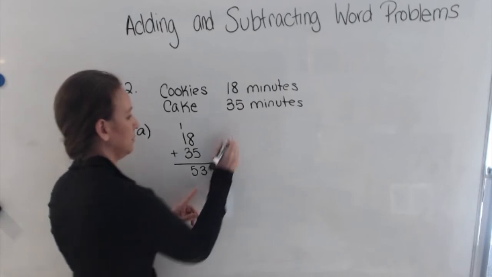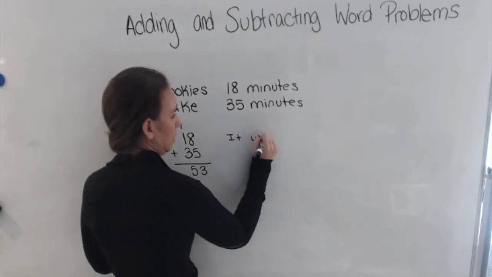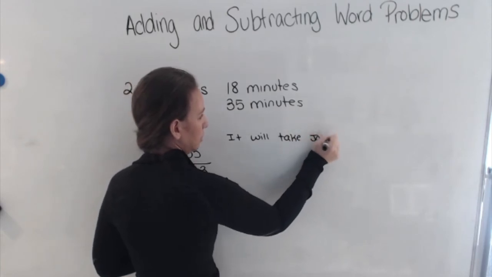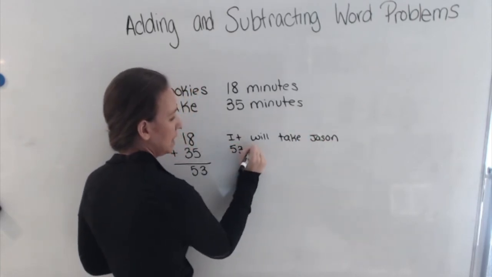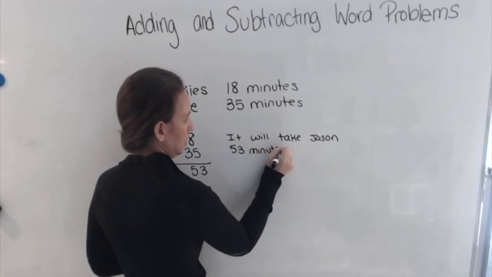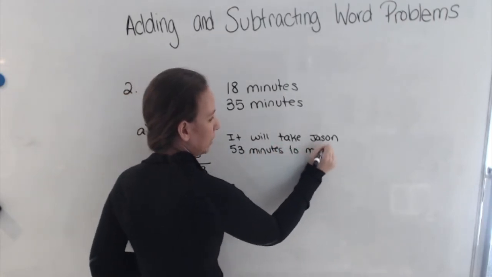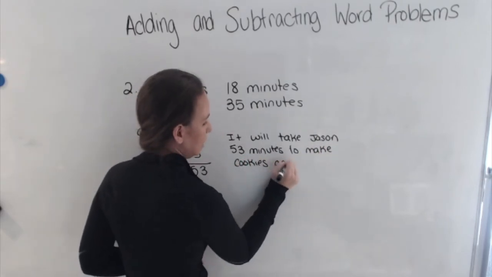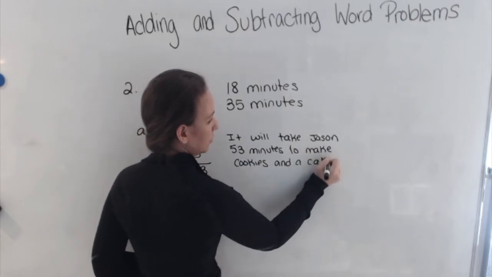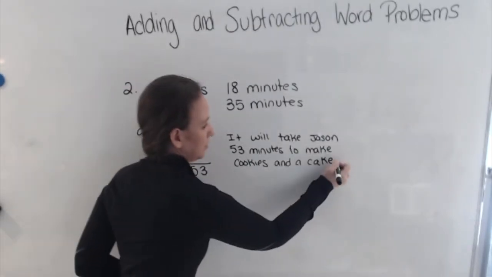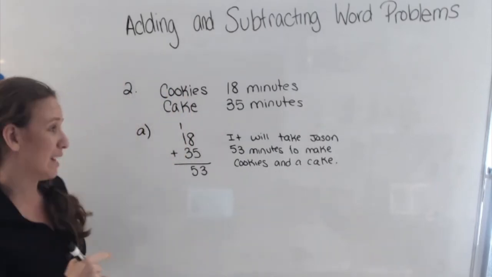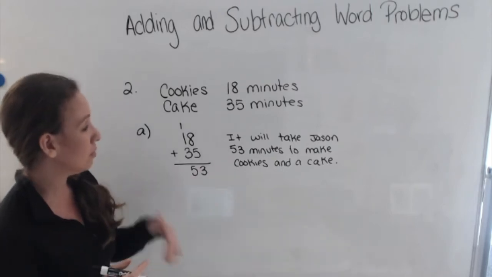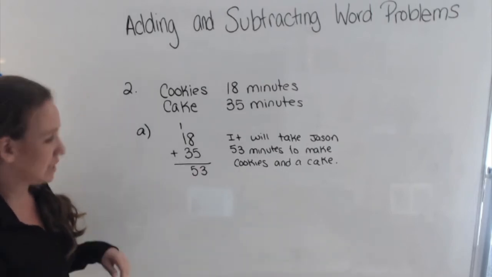We have to write, it will take Jason 53 minutes to make cookies and a cake. That's really nice that Jason's taking almost a whole hour, which an hour is 60 minutes, to make his mom cookies and a cake for her birthday.